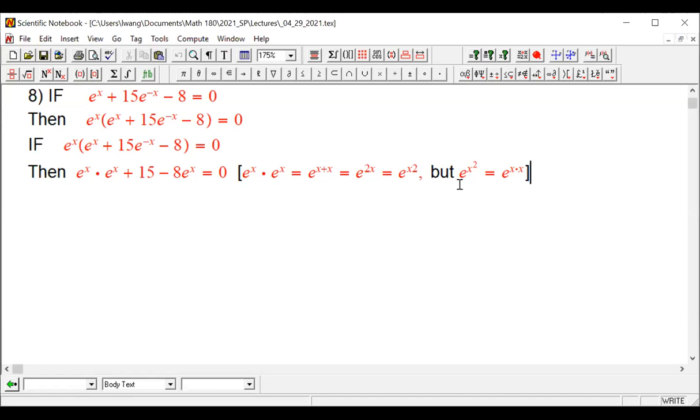When you write it, every one of us, the next step, you can write it as e to the power 2x. That's one way. Plus 15.